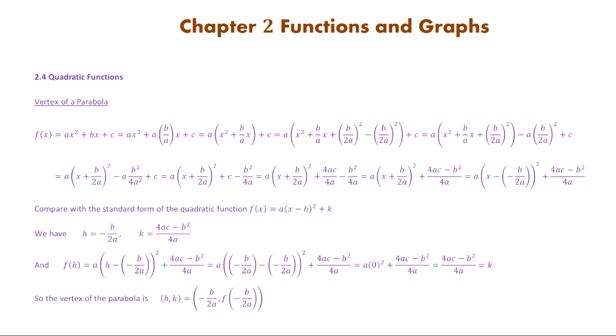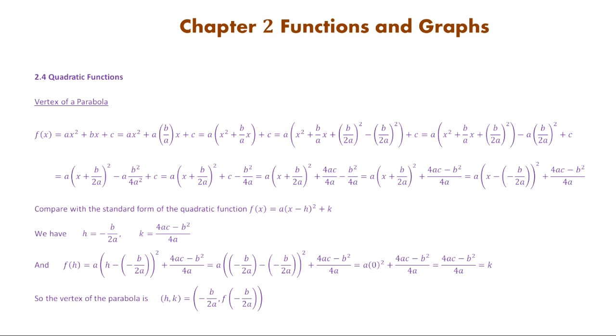So if you compare with the standard form of the quadratic function, f equal to a times x minus h squared plus k, then we have h equals negative b over 2a, right? x minus negative b over 2a. So h is just negative b over 2a, and k is just 4ac minus b squared over 4a.